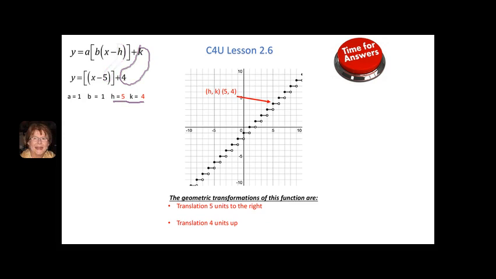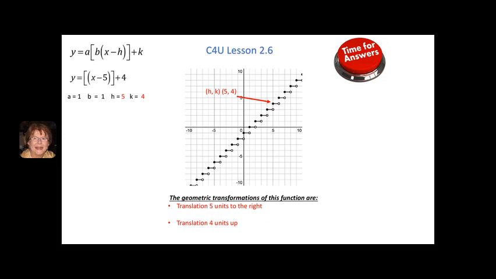h, k is 5, 4. We look on our graph, we locate 5, 4, and we place a dot. The next step, you determine how parameter b affects the graph. There are 2 things. One of them is, is the b positive or negative? Here it's positive.